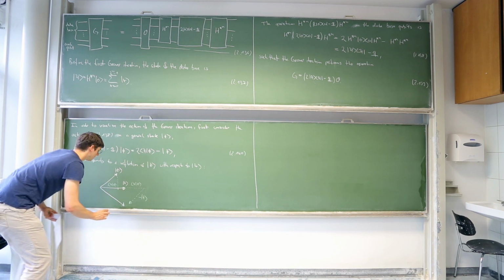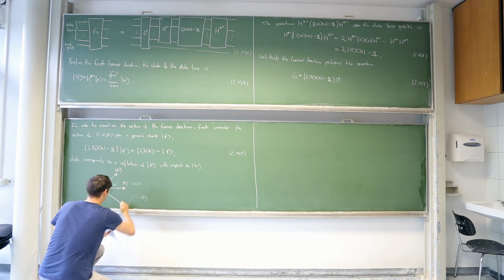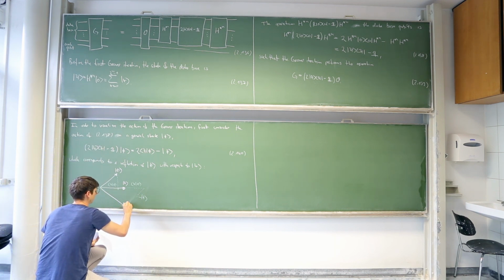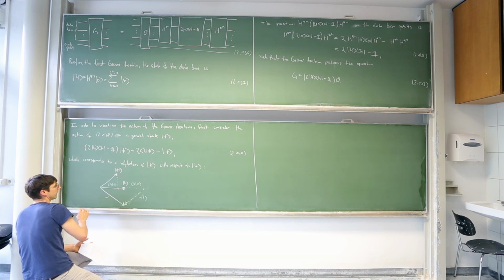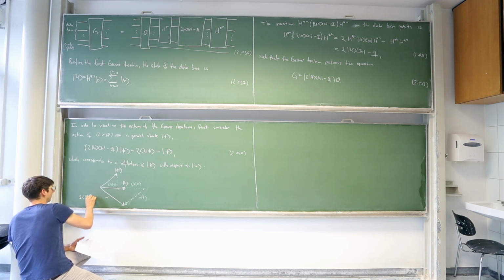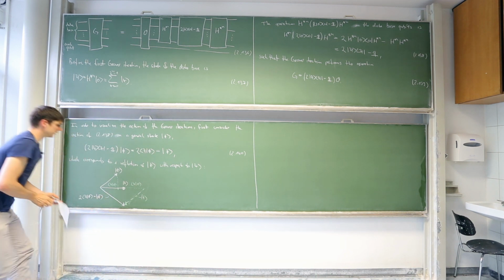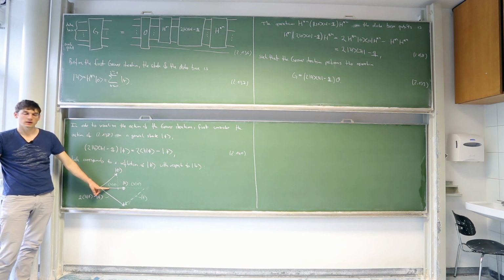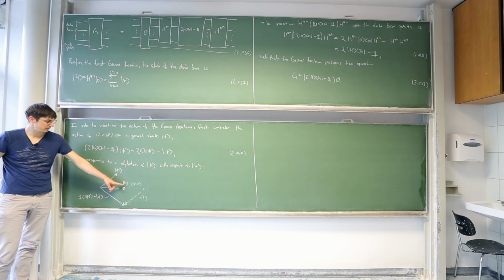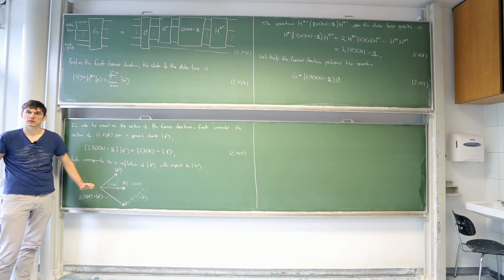Okay, didn't draw it very nicely. And here we then have 2 times ψφ minus φ. Okay, and what you see is that this is simply a reflection with respect to ψ. So we reflect this down here.